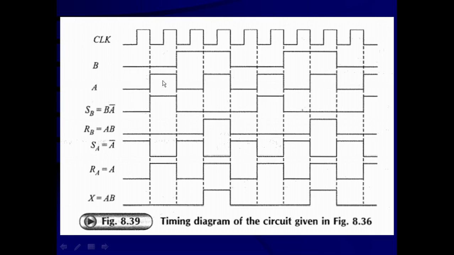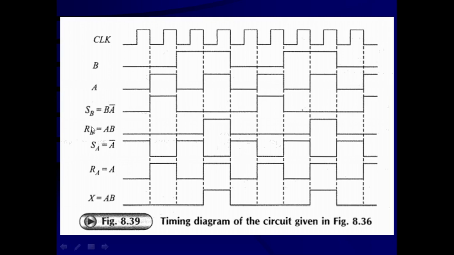On the second cycle, A is 1 and B bar is 1, so the output is high. So whenever A is high and B is low, SB is high. It happens here. Again, the same thing happens here: A is high and B is low, so A, B bar is high and SB is high. This way we can draw the waveform for SB.